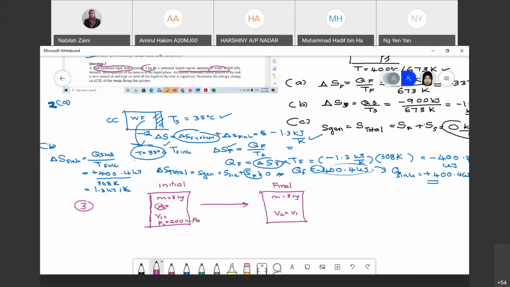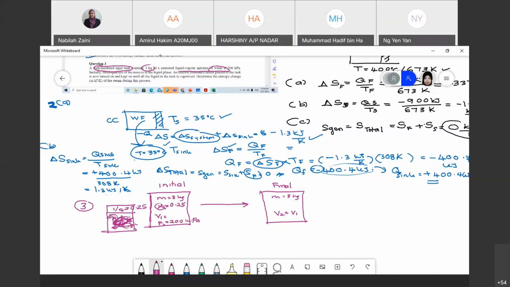If liquid is 3/4, the vapor is 1/4, so X is 0.25. Do you understand?